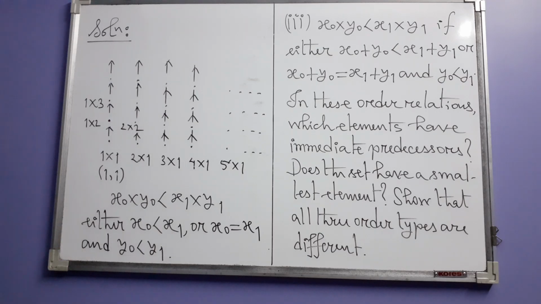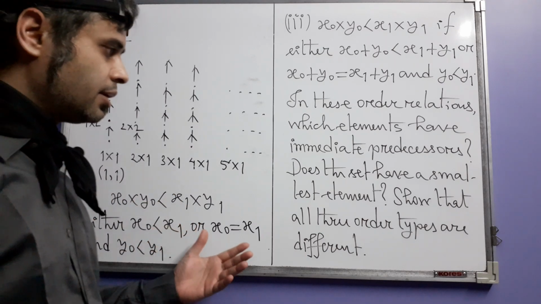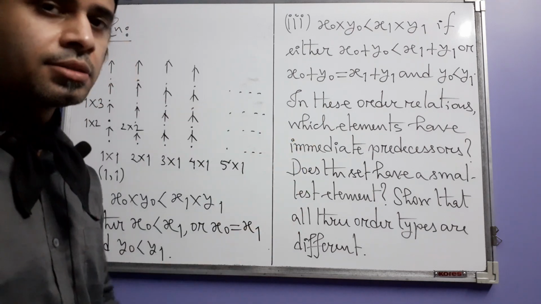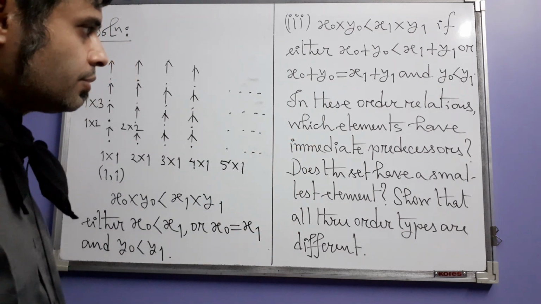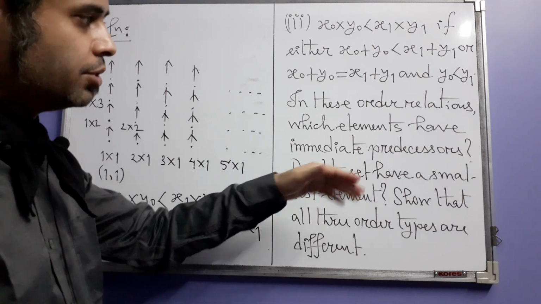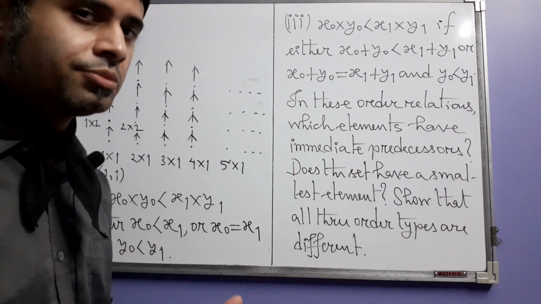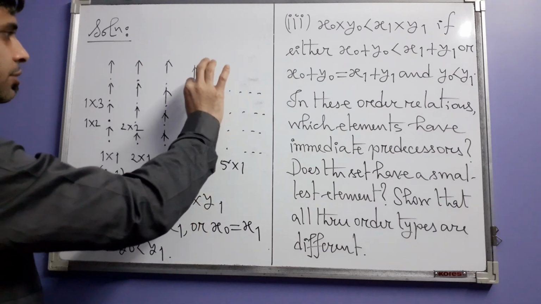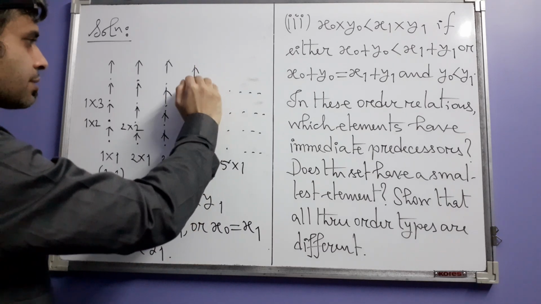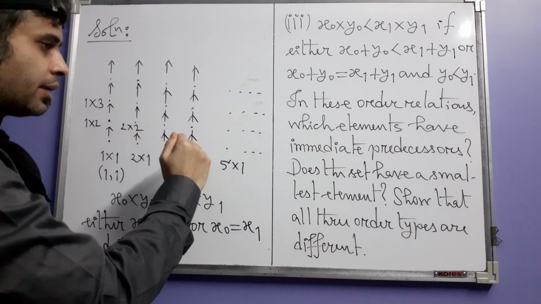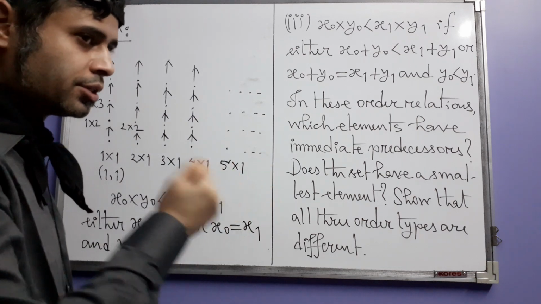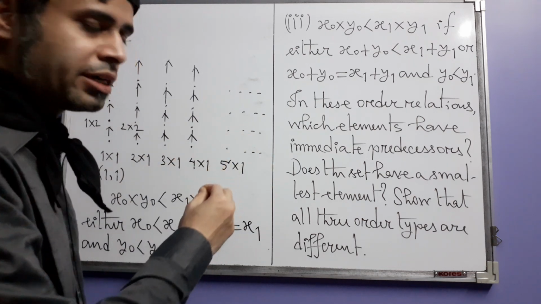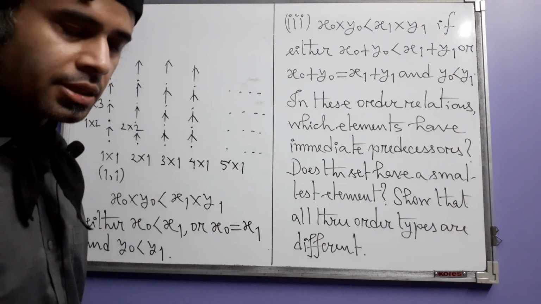So now that we have a clear geometric idea of how the order is going, we can decide these things more easily. Let us now see which elements have immediate predecessors. Immediate predecessor means you take an element just before that element, whatever element you encounter which is just less than that element is by definition its immediate predecessor.